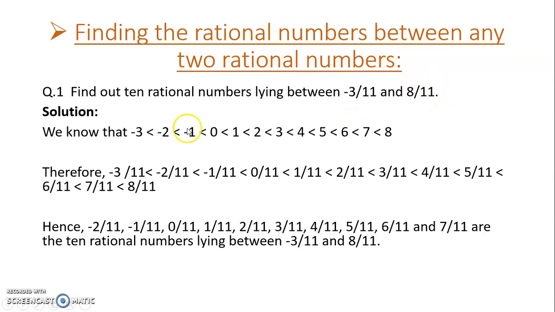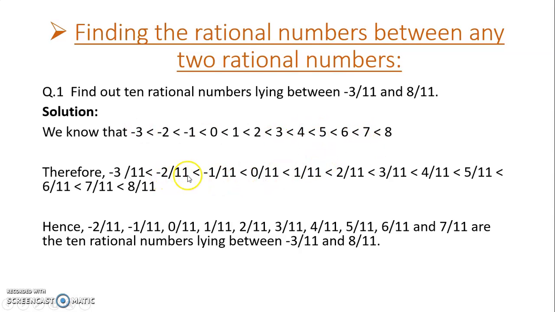So we can say that the numbers like minus 2, minus 1, 0, 1, 2, 3, 4, 5, 6 and 7, all these lie between the numbers minus 3 and 8. Therefore, we are only putting the denominator as 11 in these numbers.